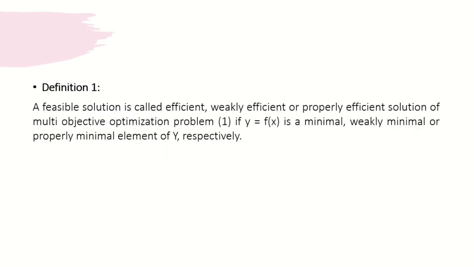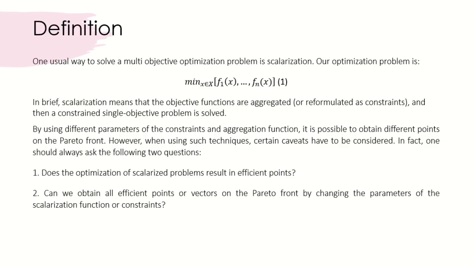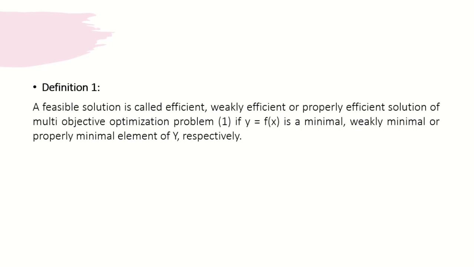First, we need a definition, and it is a feasible solution. It's called efficient, weakly efficient, or properly efficient for our solution of our multi-objective optimization problem, which is described here, if y equal to f(x) is respectively a minimal, weakly minimal, or properly minimal element of our objective function.